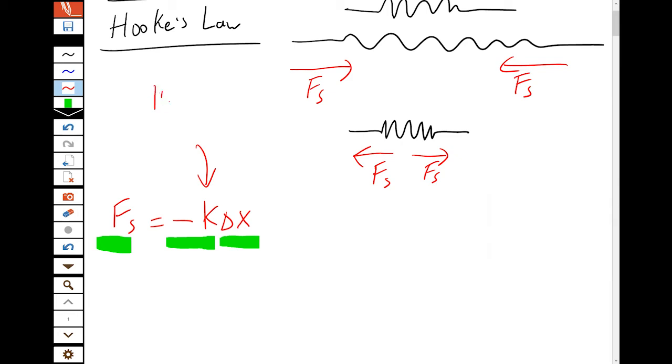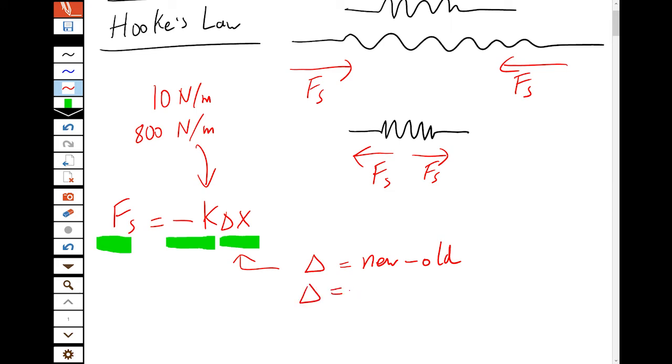So for example, a 10 Newton per meter spring is much weaker than an 800 Newton per meter spring. And the change in length of the spring, well, anytime you see that little triangle, that's delta or change. And that's just the new value minus the old value. In this case, the change in length of the spring is the current length of the spring minus the unstretched length of the spring.